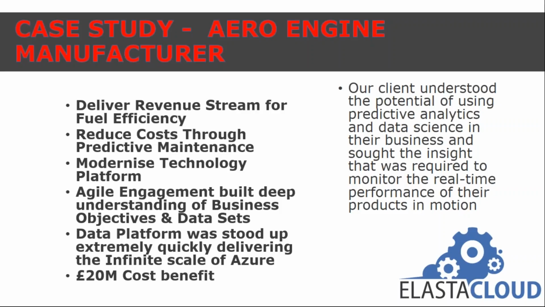Now we've been working with this organisation for 3 years now, and this project started as they knew they had data coming off of their engines, and what they wanted to do is to really build out a revenue stream that was all based around fuel efficiency, but also to reduce costs through predictive maintenance.